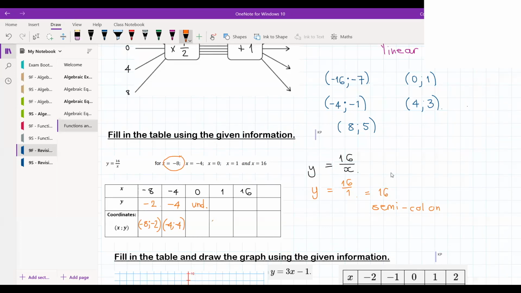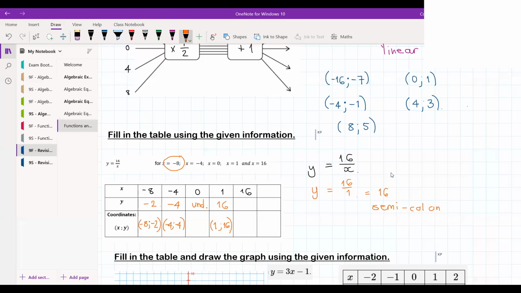Open bracket, semicolon. Before the semicolon, there must be a number. Oh, sorry. 1. Good. Semicolon. The answer is 16. Beautifully done. Excellent. Then close the bracket. Good. Now let's do the last one.